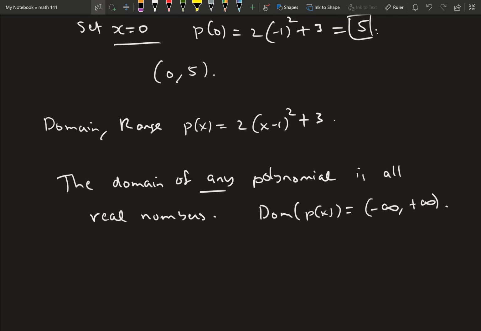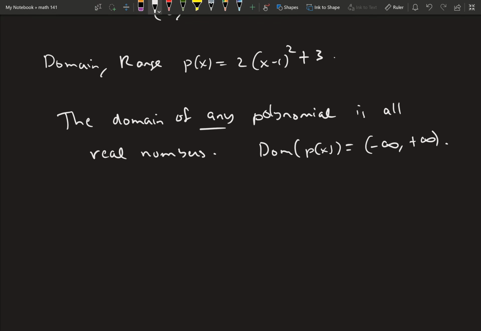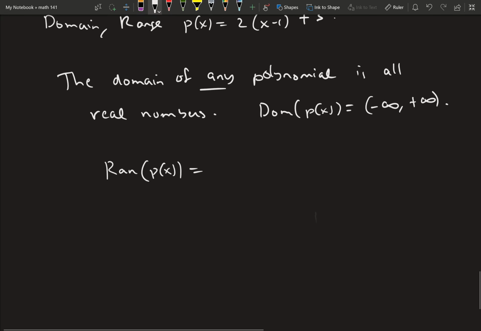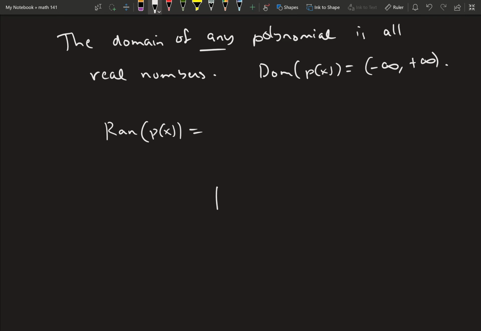Okay. What about the range? Well, let's look back at the graph. The range, remember, is the set of y values that come out when you plug in all of the x values. So what do you have here? You have a graph starting here at the vertex (1, 3), and you have a parabola pointing upward.